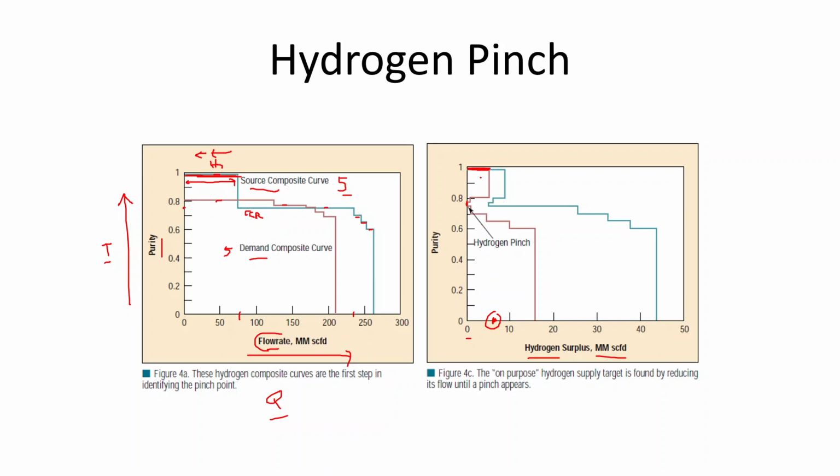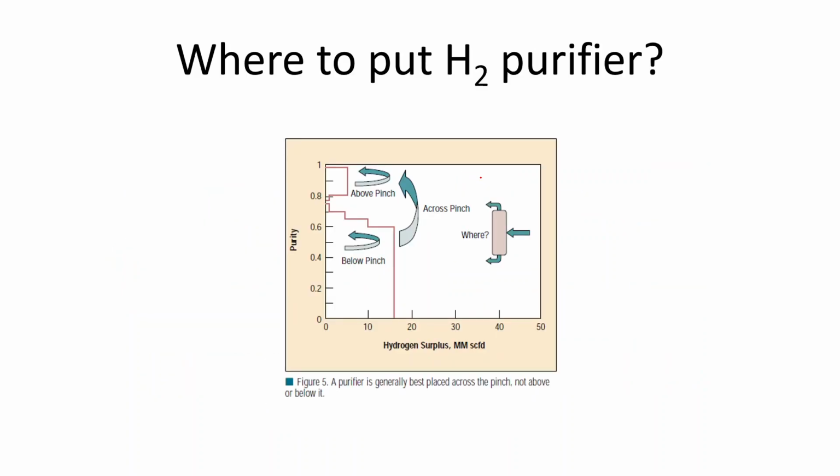Now the second question that we can answer is, if we have a hydrogen purifier, for example a pressure swing absorber, so if we have that unit somewhere, or we want to buy it instead of building a new hydrogen plant, where should we put it? Not in terms of the location, but in terms of what is the feed purity that we have to put into that PSA.